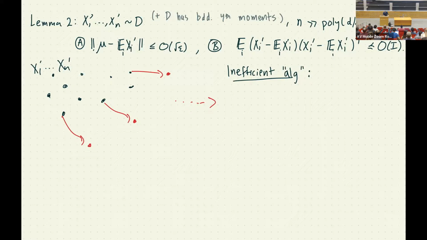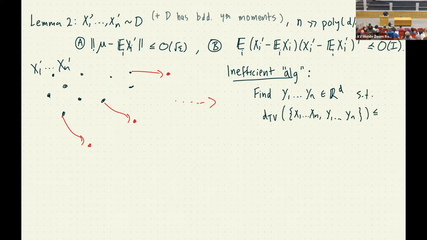Find y1 through yn in R^d such that the total variation distance between the empirical distribution on x1 through xn and y1 through yn is at most epsilon, and the empirical covariance of y1 through yn is bounded by order identity. And then output the empirical mean of the y's.